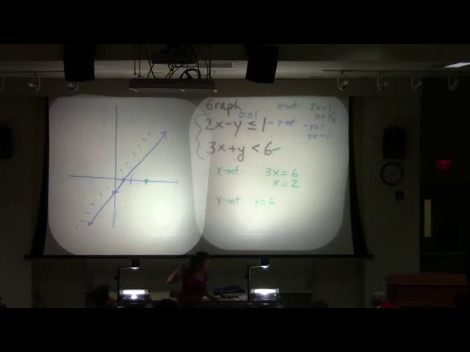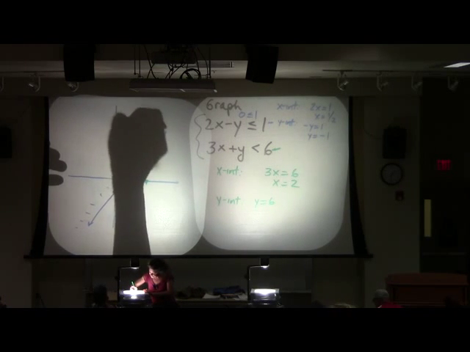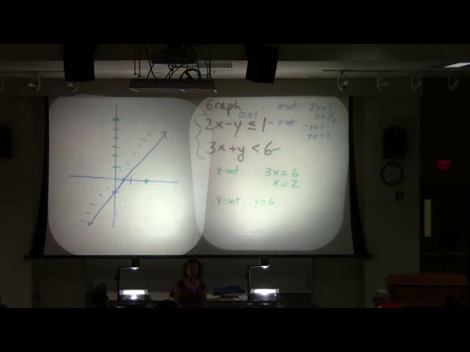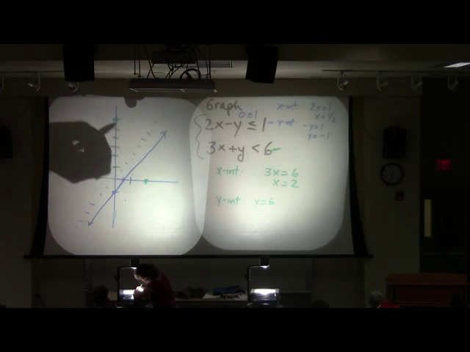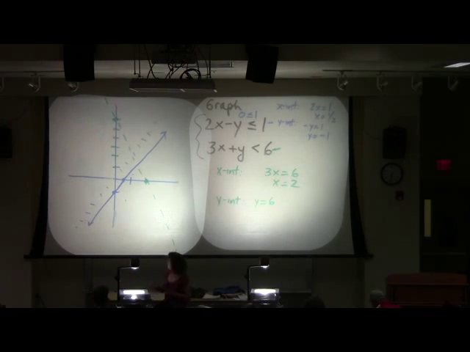Here's x equals 2. 1, 2, 3, 4, 5, 6. Do I connect these dots with a solid line or a dashed line? Dashed line. Pretend this is a straight line too. Okay. Now what I need to do is determine which side of my line to shade on.